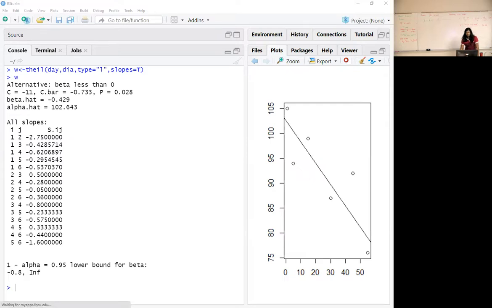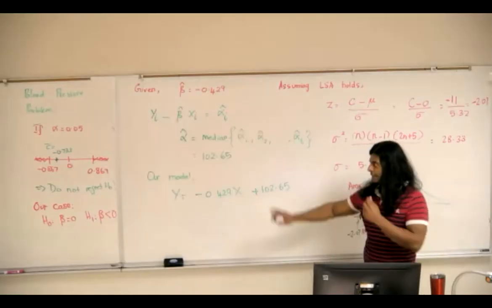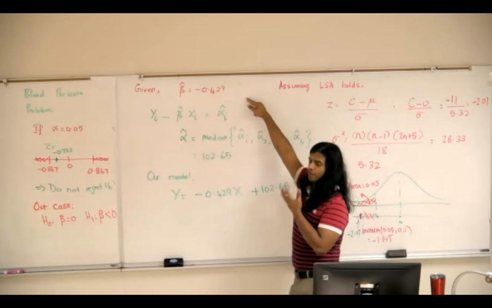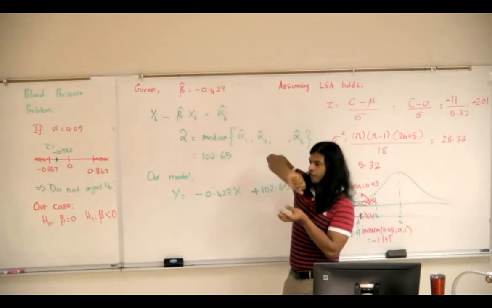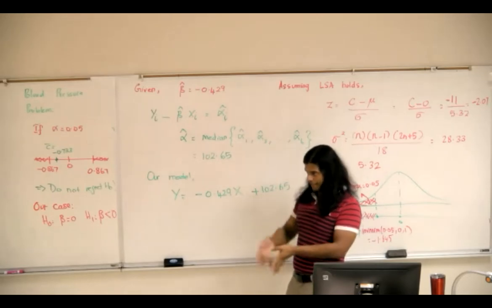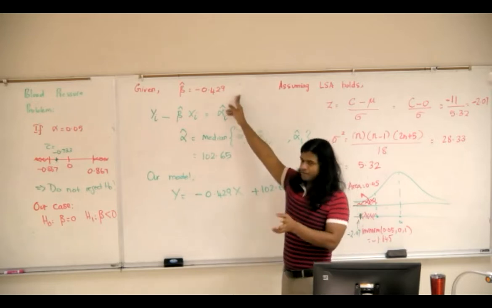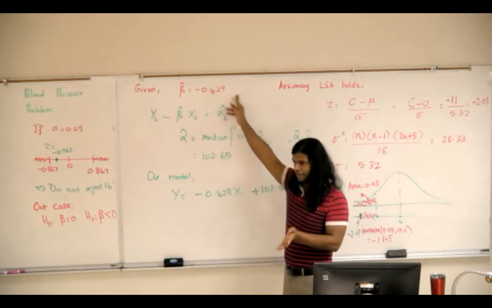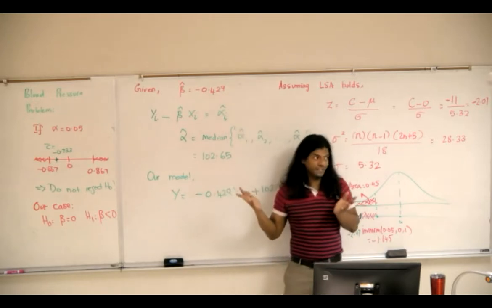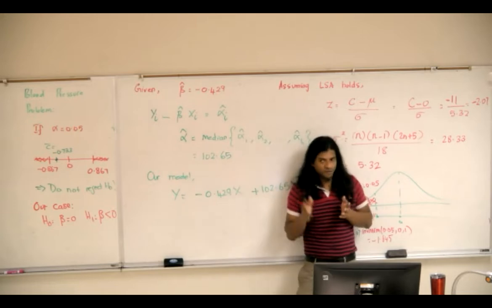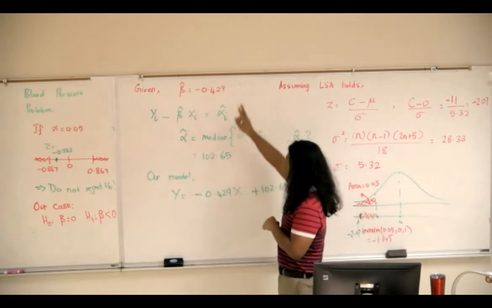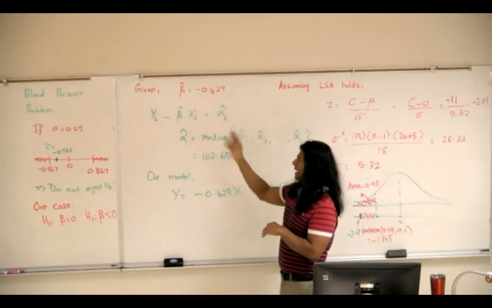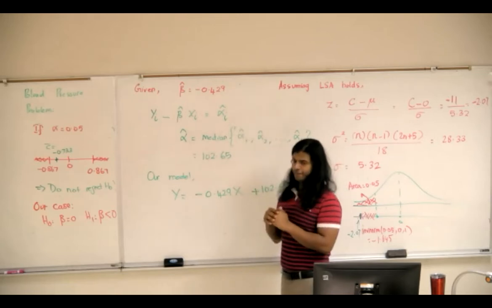So the beta hat value is obtained from the median of all the slopes we computed using the pairs. I'm not going to ask you to do this in class because I'd have to compute 15 different slopes using y2 minus y1 over x2 minus x1. We don't have time for that. I'll give you that. We have to find alphas.